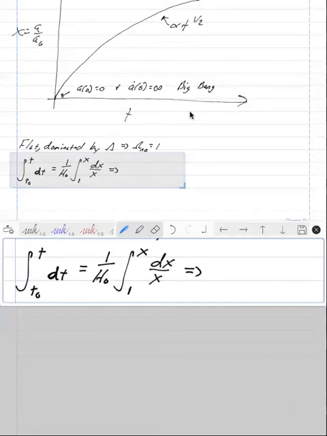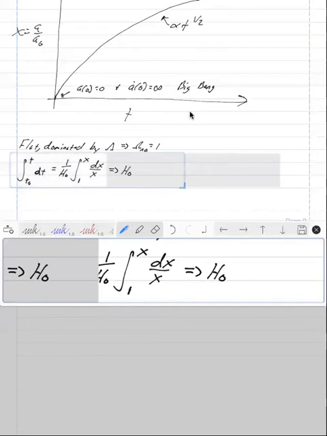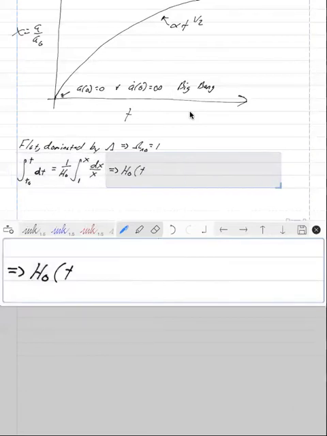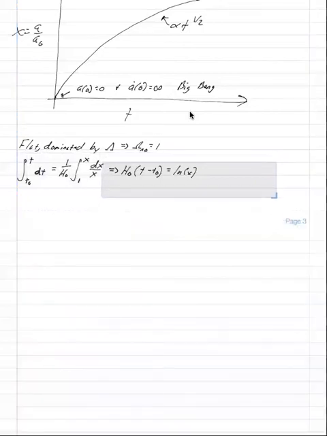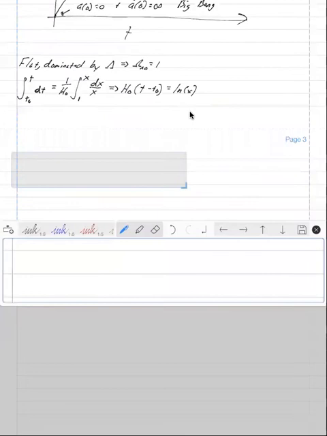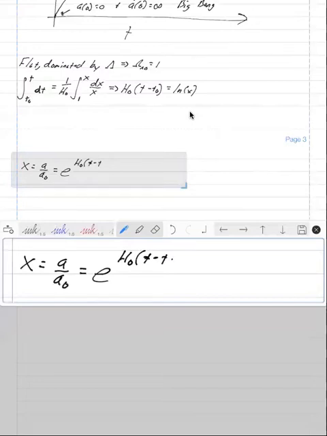And the solution to this is h naught times t minus t0 is equal to the natural log of x. And so now the solution is that x equals a divided by a0 equals e to the h naught times t minus t0.